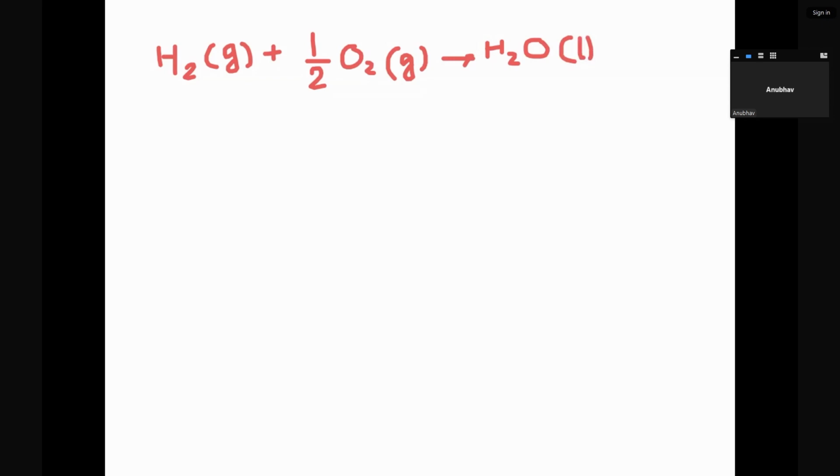So H2 gas plus half O2 gas will form H2O liquid. So delta_f H° will be minus 285.8 kilojoule per mole.